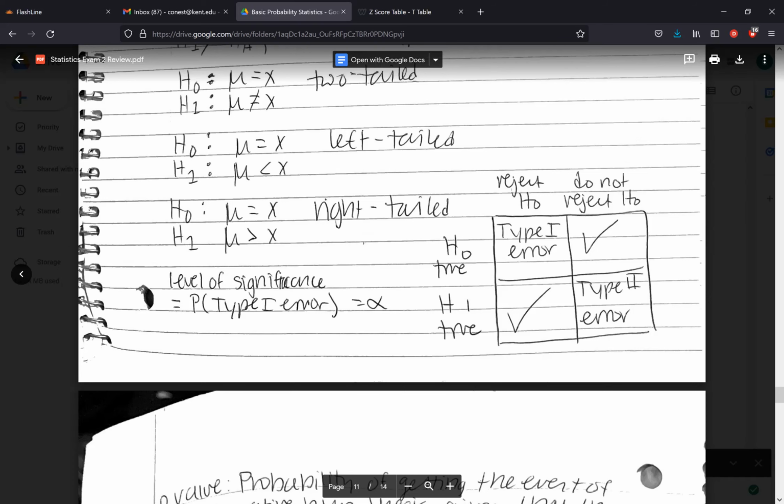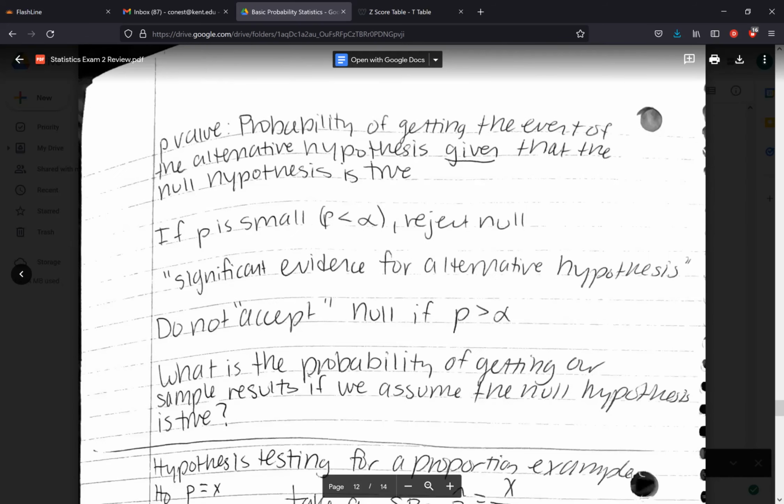And if we want to find the p-value, the probability of getting the event of the alternative hypothesis, given that the null hypothesis is true, we want to compare it to alpha, the level of significance. And if it's not specifically stated in the problem, we treat it as being 0.05.